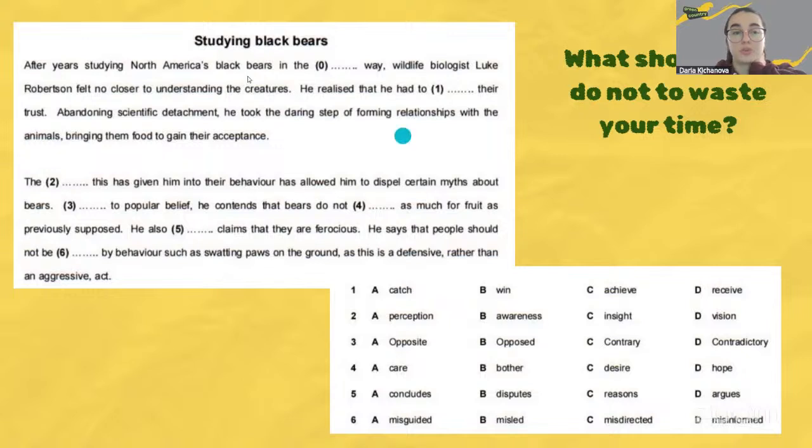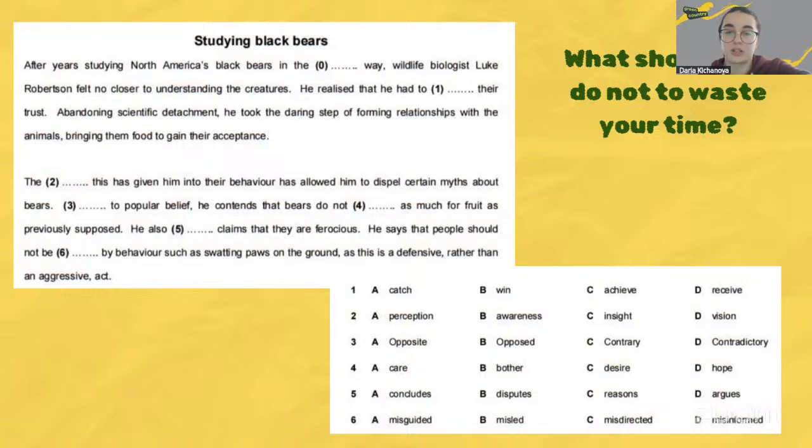And we have the word trust. So can we win trust? Can we catch trust? Can we achieve? So you need to think about these variants and think what is the better option here.